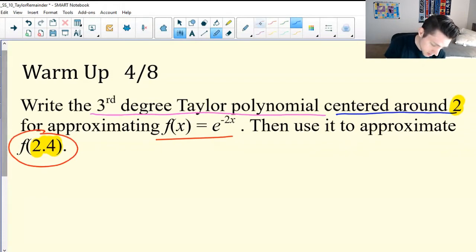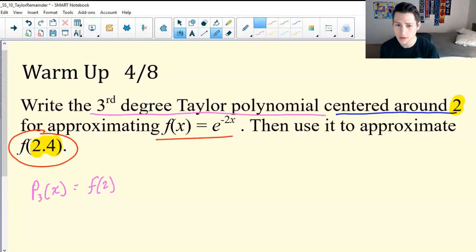But let's try it out. So the Taylor polynomial, we call that P3. First of all, remember that first value is just f of 2, since we're centering it around 2.